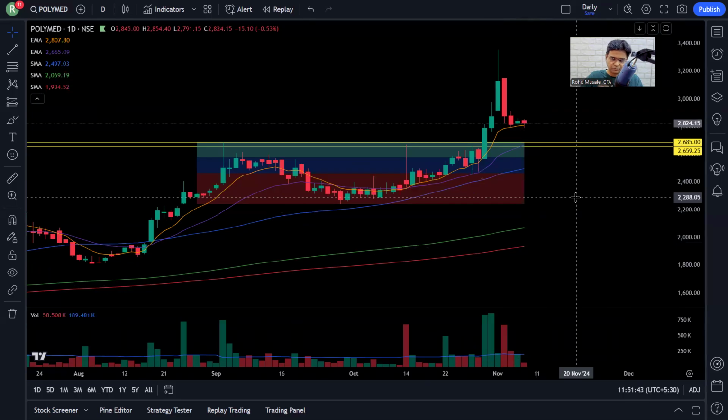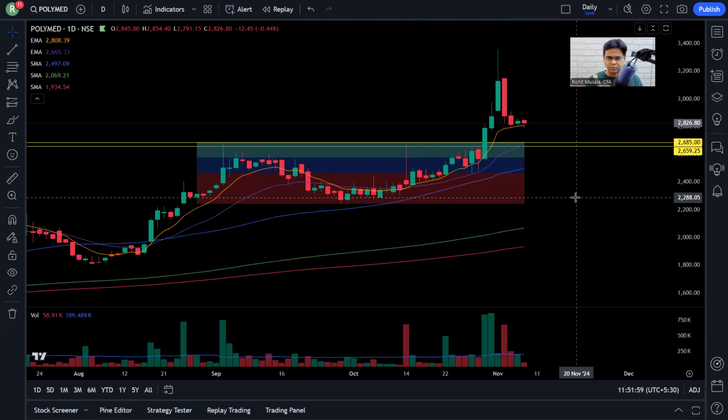That's the purpose of the 50-day simple moving average. As long as the price is above the 50-day simple moving average and the 50-day simple moving average is trending up, we say that the stock is in an intermediate term uptrend.